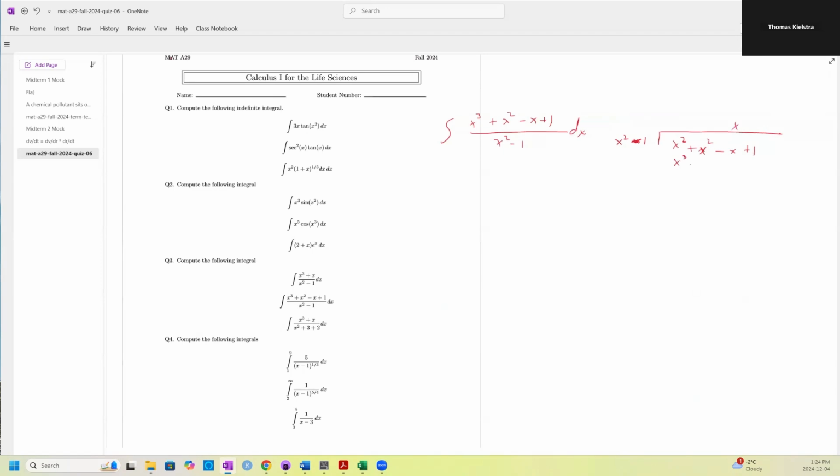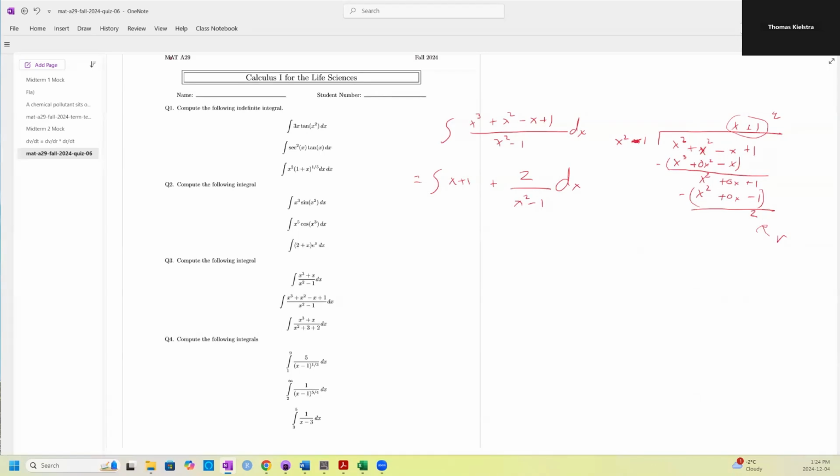X cubed plus 0 x squared minus x. When I subtract this, gives me x squared plus 0x plus 1. X squared goes into x squared 1 time. X squared plus 0x minus 1. When I subtract them, it gives me 2. So this gives me the integral of x plus 1, because this is my quotient, plus 2 over x squared minus 1 dx, because this here is my remainder.